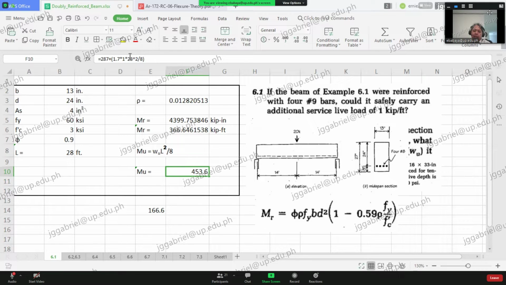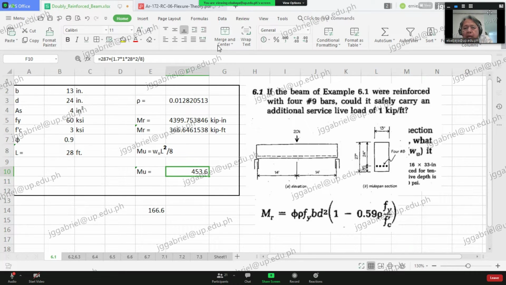Remember that. So we add that 1.7, the load factor, times 1, because that's 1 kip per foot, times the length, which is 28, squared, divided by 8. So in that 287 originally, if that additional service load is applied, it becomes 453.6. This is kip-foot.